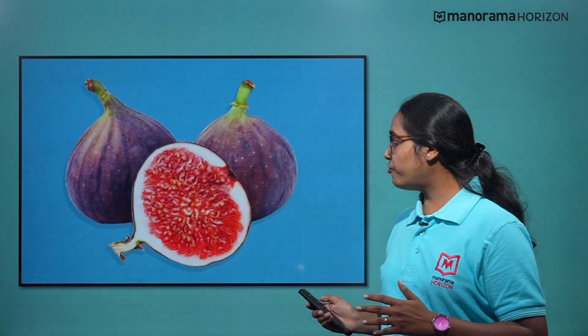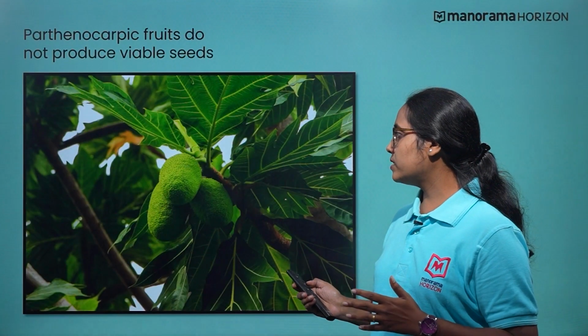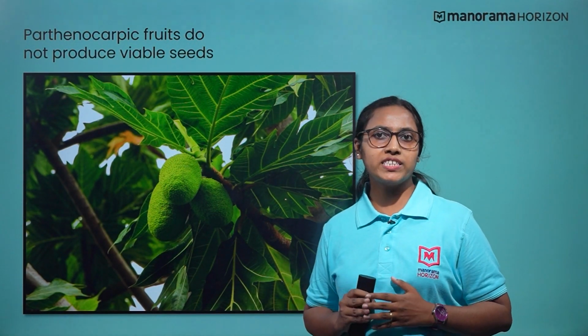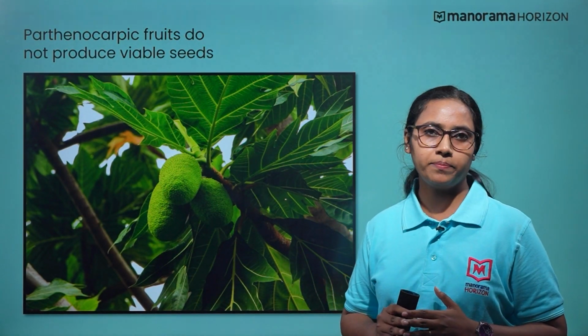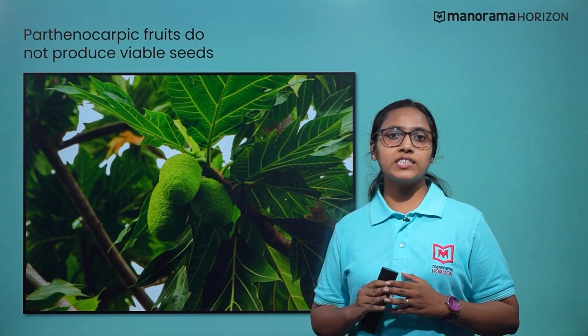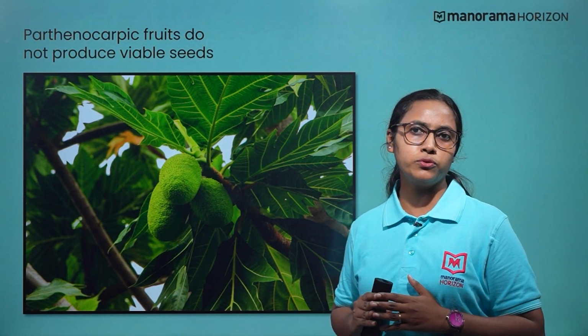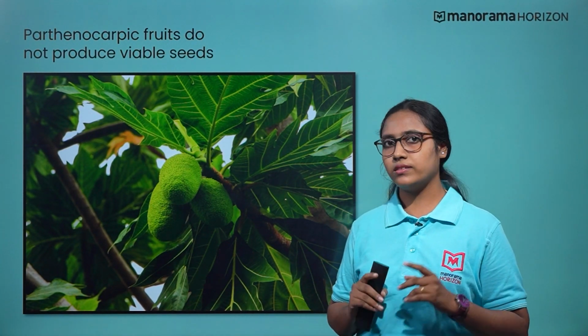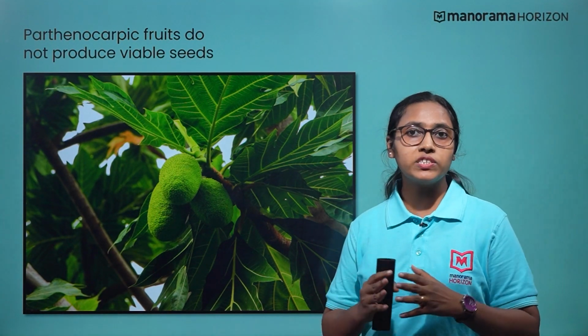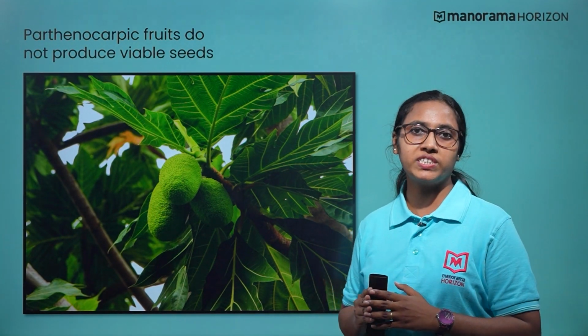Bananas, figs, grapes and breadfruits are examples of parthenocarpy. All of these are similar to the normally produced fruits, but they are seedless. Now let's discover how fruit is developed.